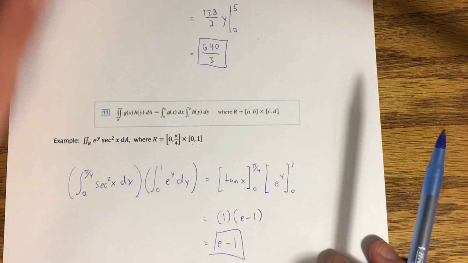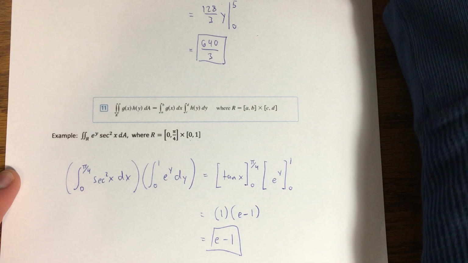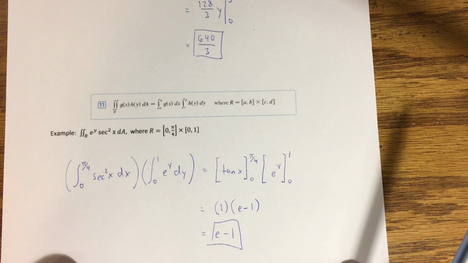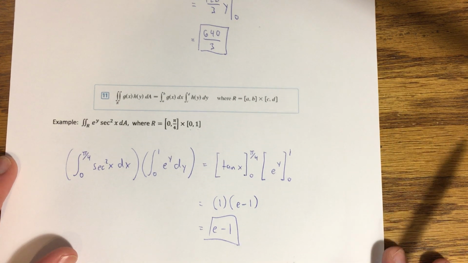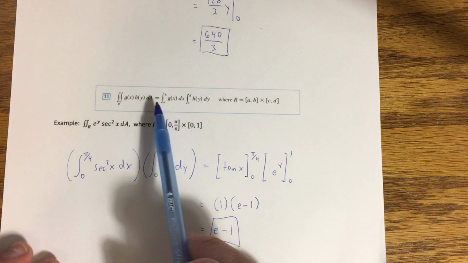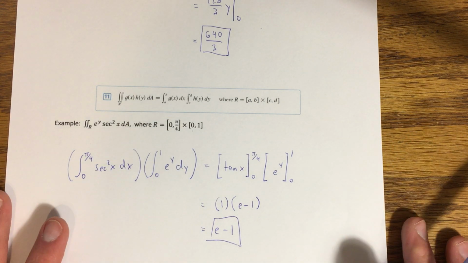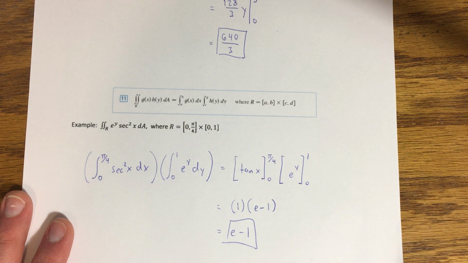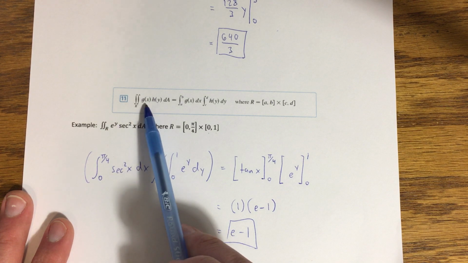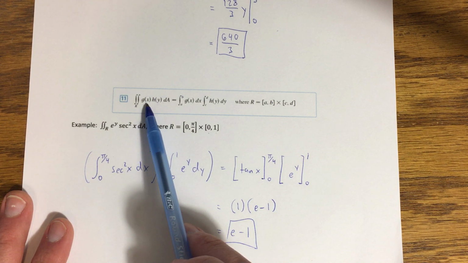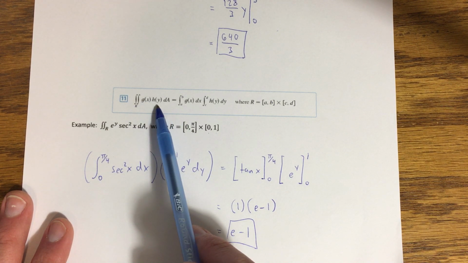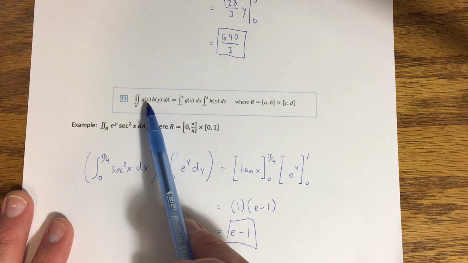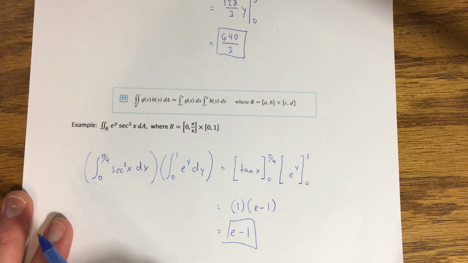As you're working through these double integrals, you'll probably realize this little theorem on your own. Remember, if you're dealing with a function of x and y, and that function can be represented as a product of a function of just x times a function of just y, then depending on how you set up your integral, one of those two functions is going to be held constant.